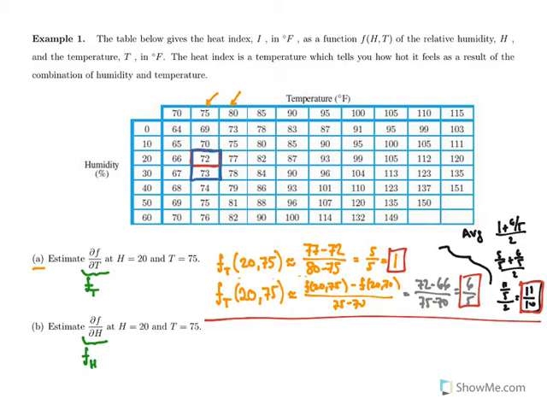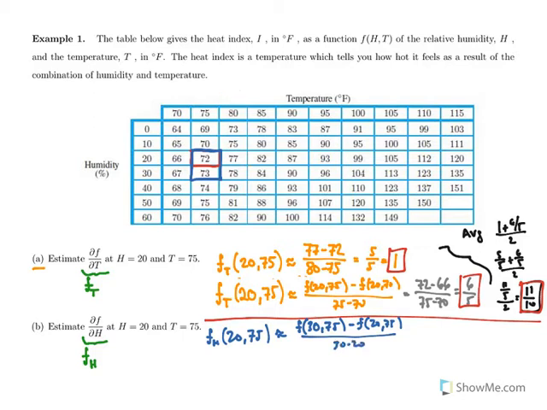So we're going to look at those values. Again, this derivative, f of capital H, 2075, is going to be about f of 3075 minus f of 2075 over 30 minus 20.